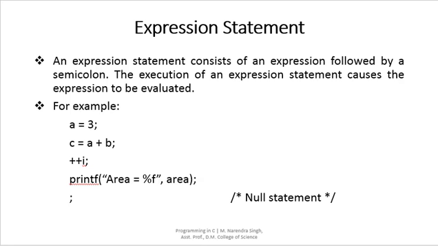Similarly, the expression printf("area = %f", area) when followed by a semicolon becomes a statement. When executed, this statement prints "area =" followed by the value of the area on the monitor. Lastly, a single semicolon is also an expression statement. This statement is called a null statement because it doesn't do anything.